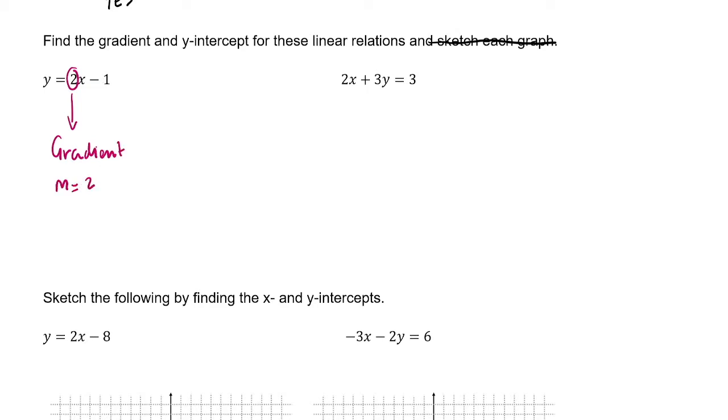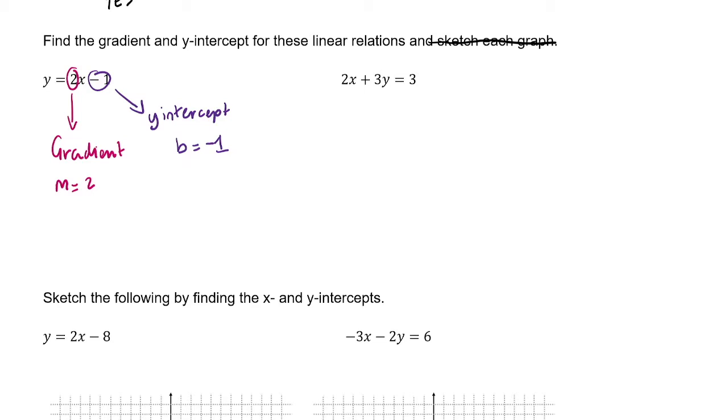This one that I've just circled is our y-intercept. b equals -1. Okay, so that one was quite simple. Let's look at the next one. We have 2x plus 3y equals 3. So we need to move the x to the other side.